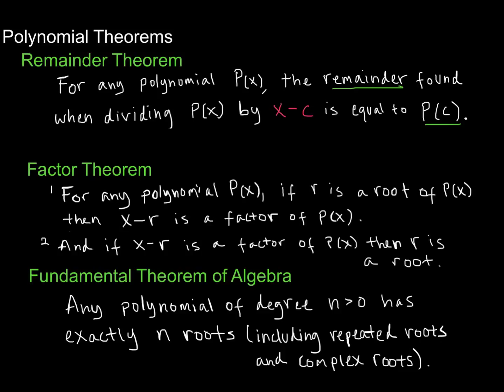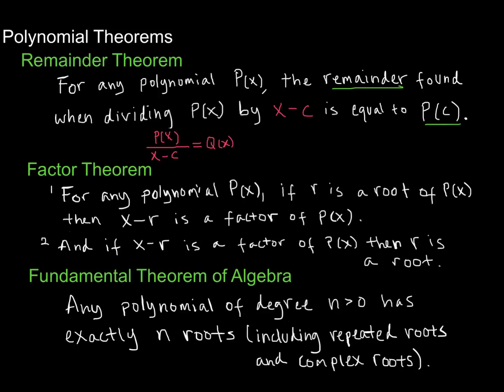One way of writing this is to say, if I take p of x, my polynomial, and divide it by x minus c, what am I going to get? When I do this division, I'm going to get one big polynomial, we'll call it the quotient polynomial, q.